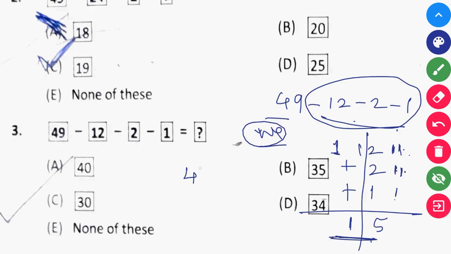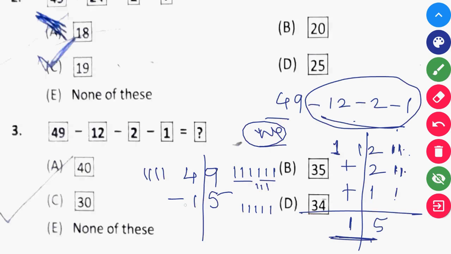Now we have to subtract 15 from 49. Now again draw 9 bar lines here for 9 and 5 bar lines for 5, 4 bar lines at the left and 1 at the bottom. Now cut the bar lines, 1, 1, 2, 2, 3, 3, 4, 4, 5, 5.